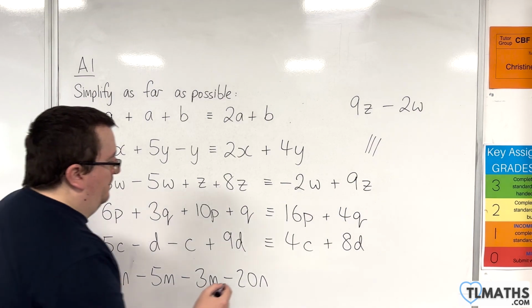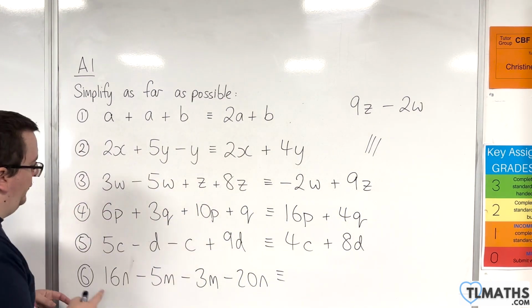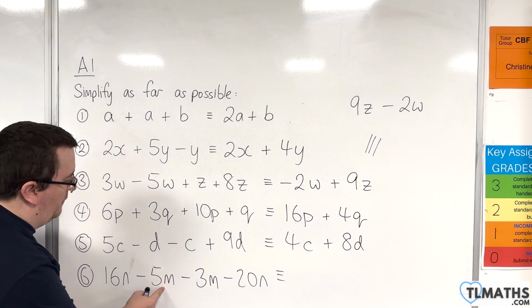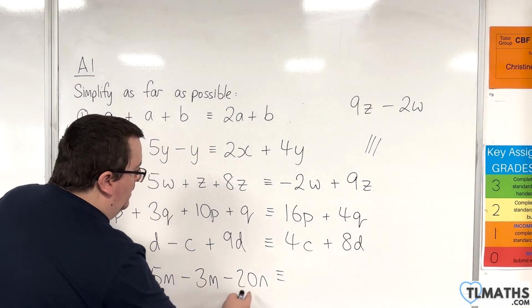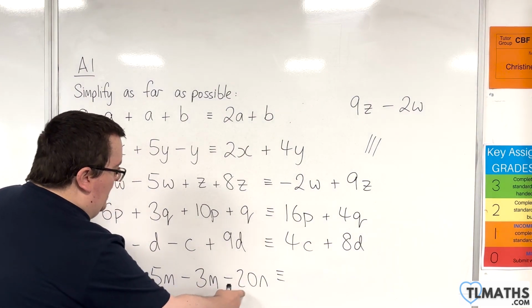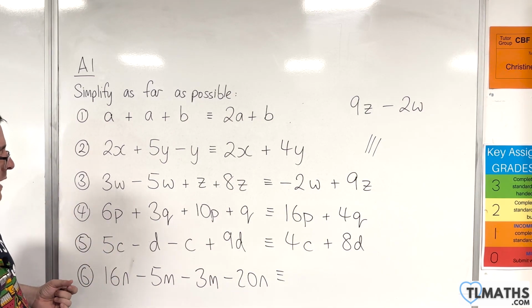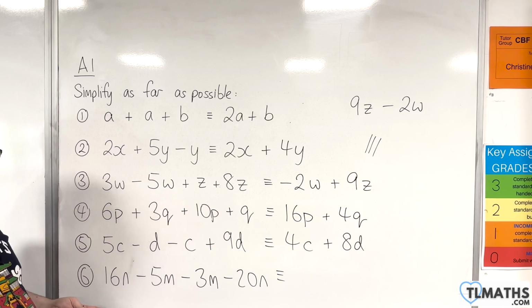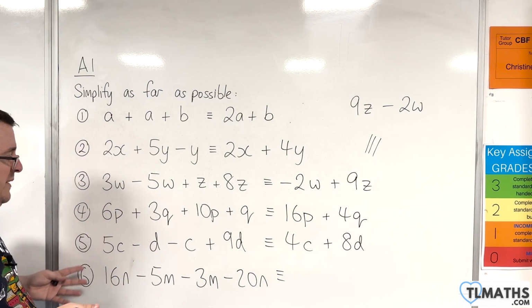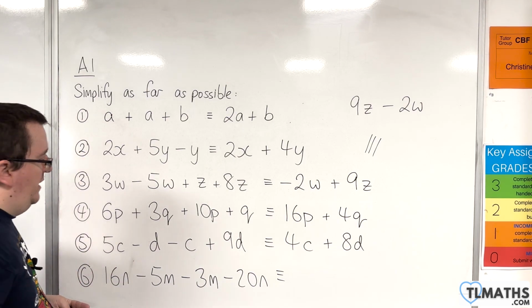Now how about the last one? 16n take away 5m take away 3m take away 20n. Again, I've muddled them up, and you might be saying, let's deal with the m's first because I want them in alphabetical order. That's perfectly fine, we could do that.